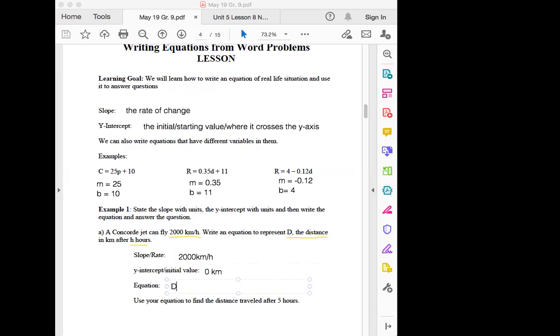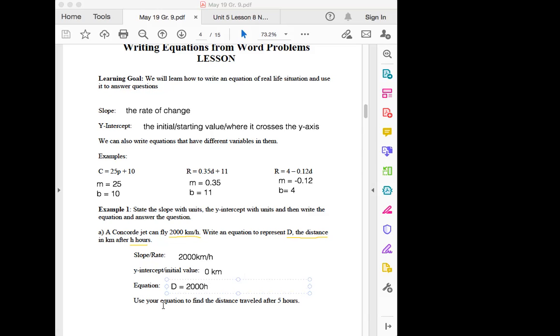So D is equal to our slope times the hours. Okay, so it doesn't change. Our slope is still in front of the variable. Because we don't have a y-intercept, we're not adding a constant at the end. So it doesn't change. The only thing that changes is the letters.